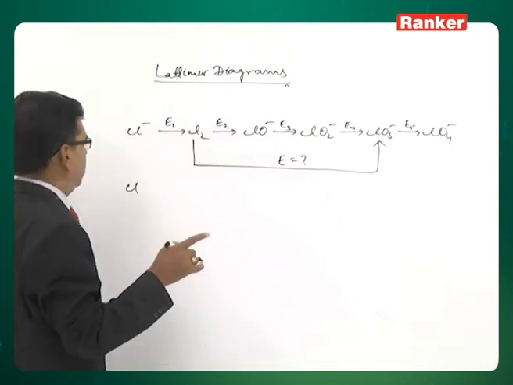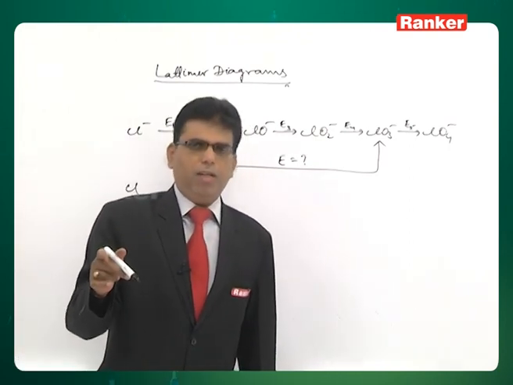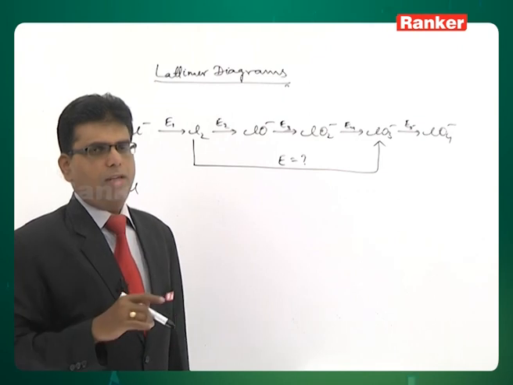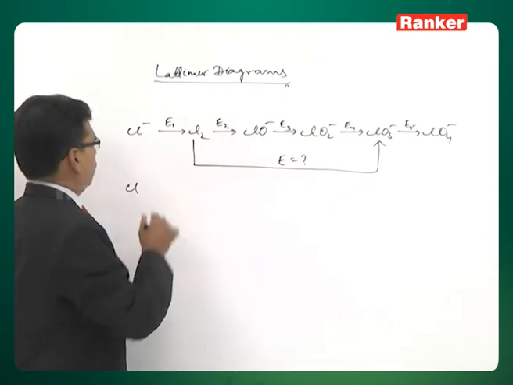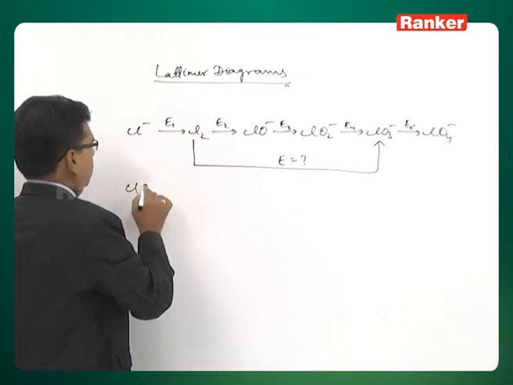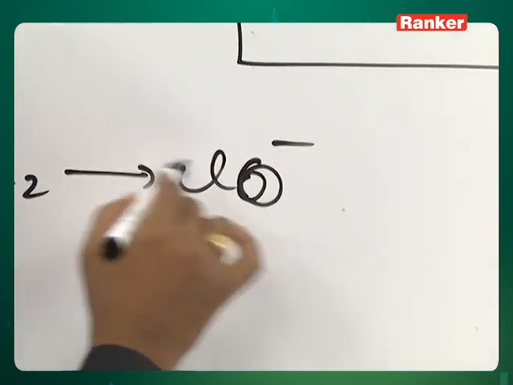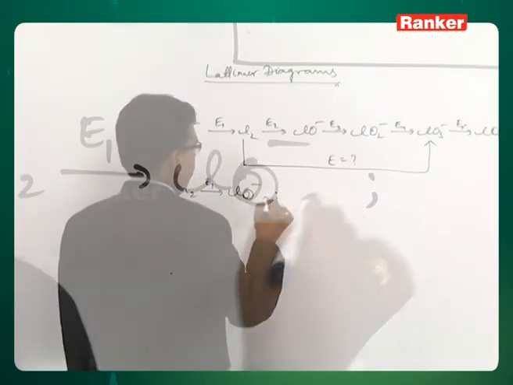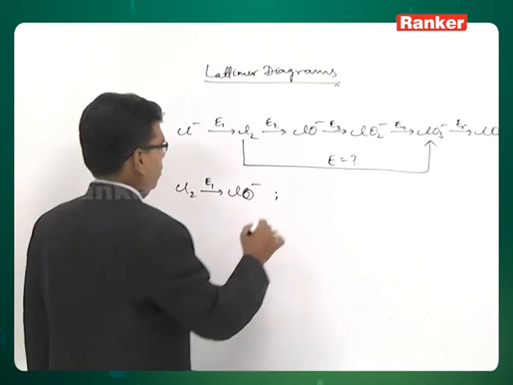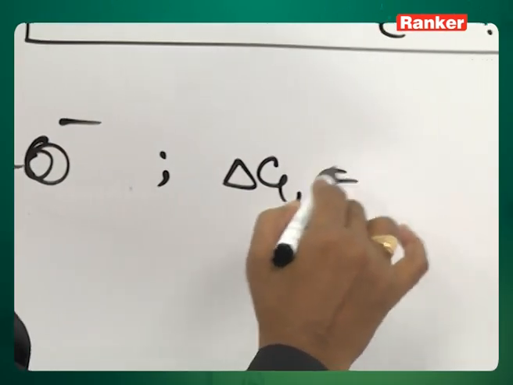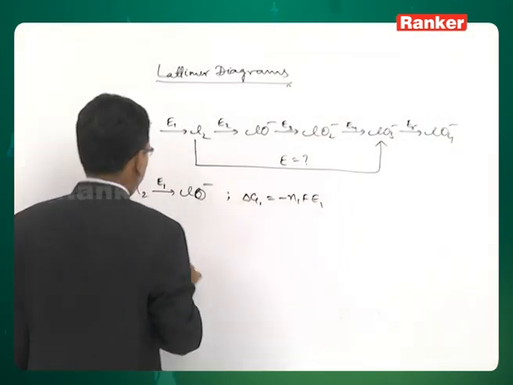So, what we do is we convert the non-additive property into an additive property, and from that again we get back the non-additive property for the required change. For example, for Cl2 to ClO minus, as this is E1, you convert this E1 into a thermodynamic property, that is free energy. Determine delta G1. Delta G1 is equal to minus N1 F E1.